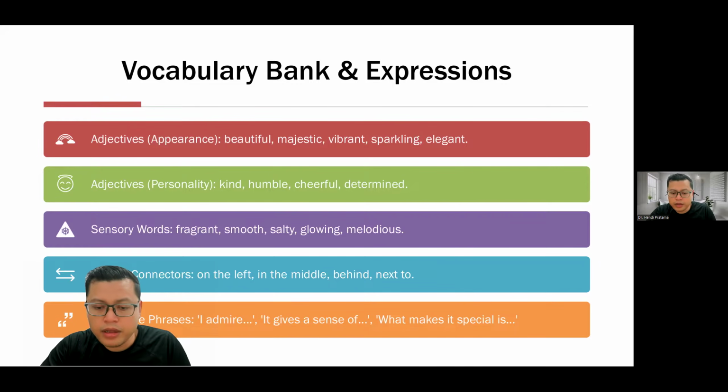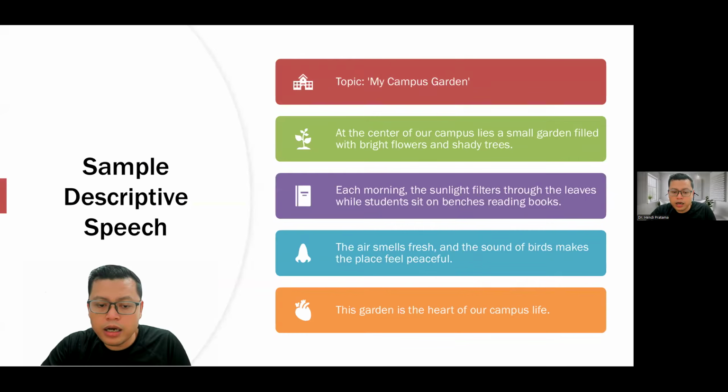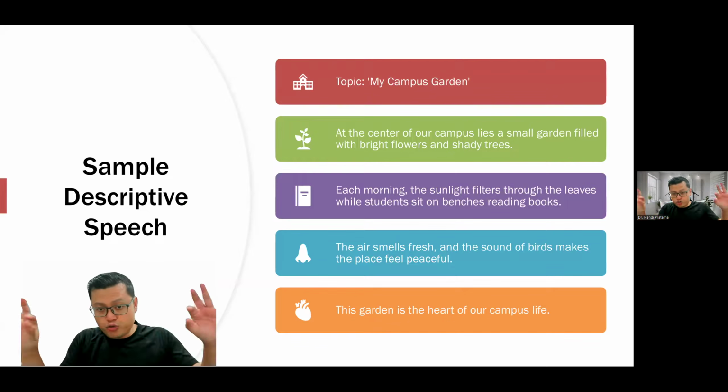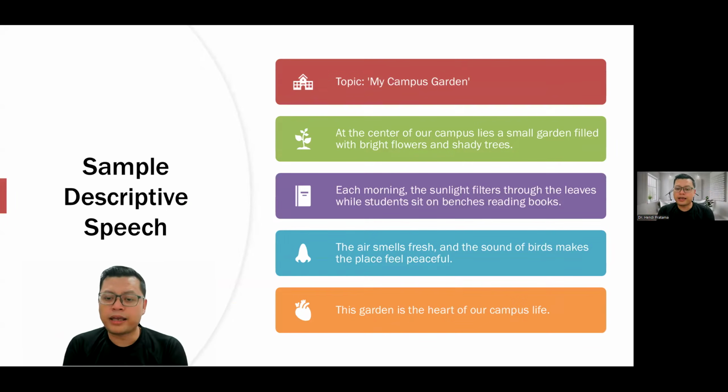Okay. Now, this is the example that I give you. For example, I would like to give a very short speech about my campus garden. Ladies and gentlemen, I'd like to describe to you the garden in my campus.